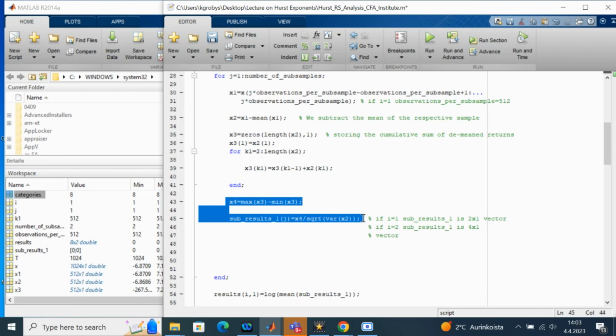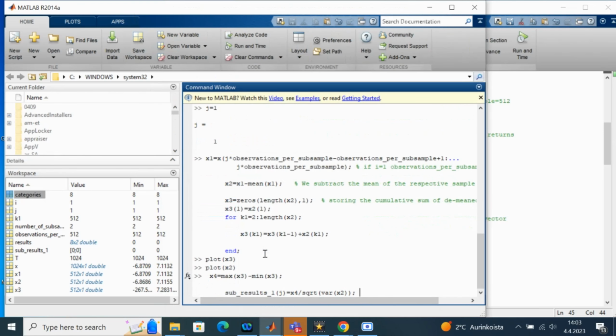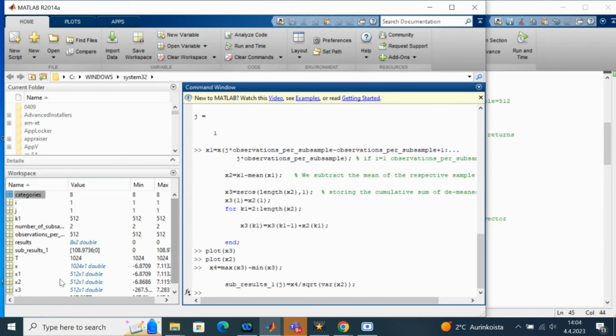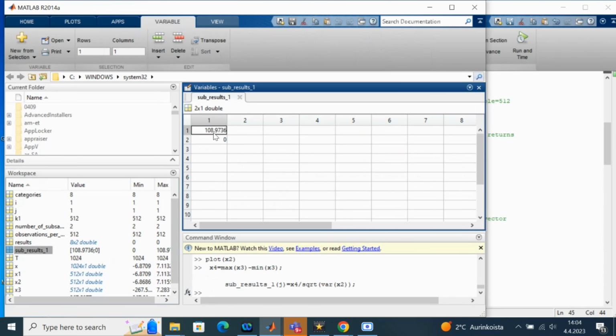Okay, let's do that. Now we have stored in sub_result the first element, which is obviously 108.97.